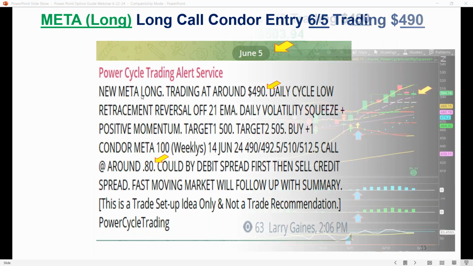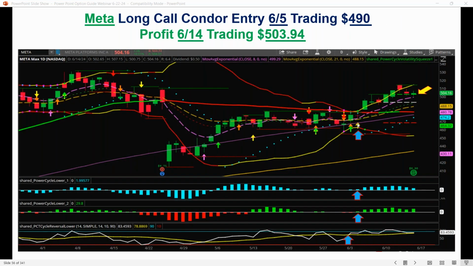And here's what that looked like. So here was the trade setup right there. Again, this is what we call a volatility squeeze, where you had this really tight compression of price. We did one on Friday on Google, and I'll show you that one next. But we were looking for a potential breakout of this range here.